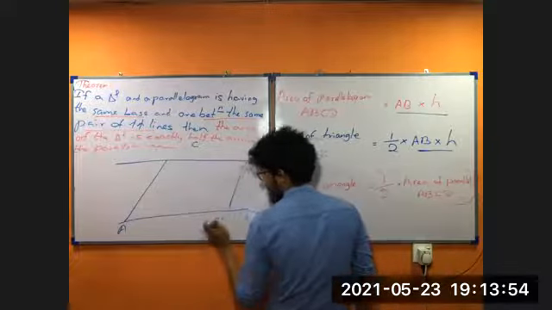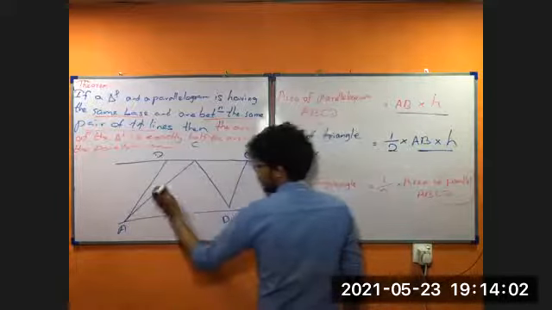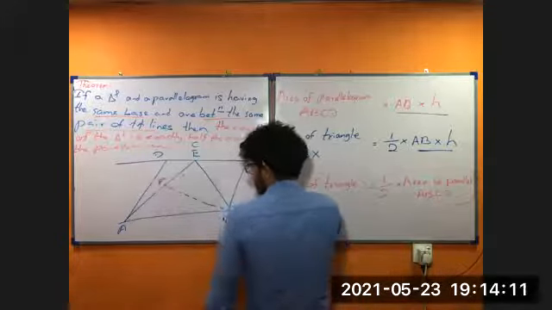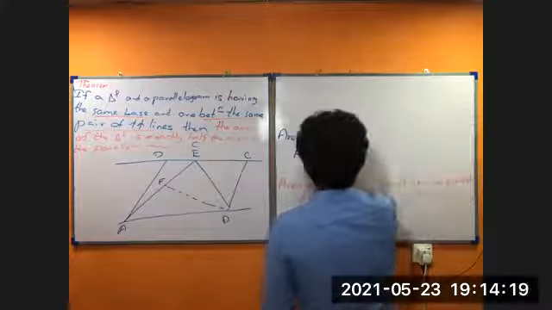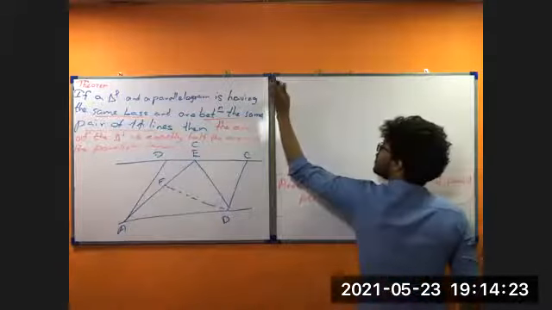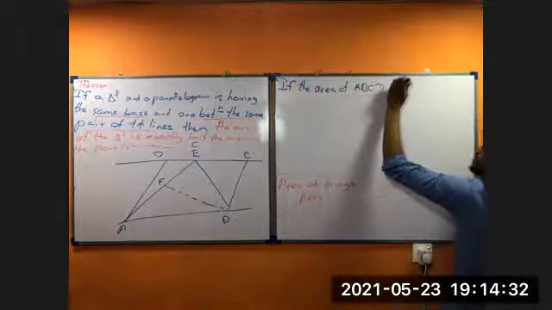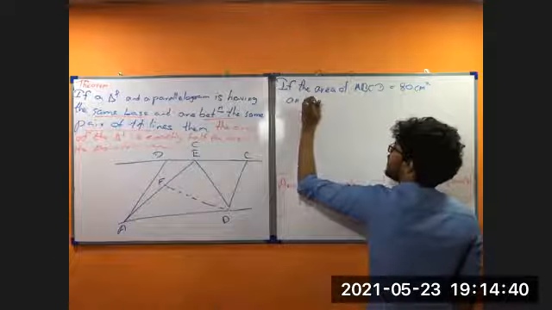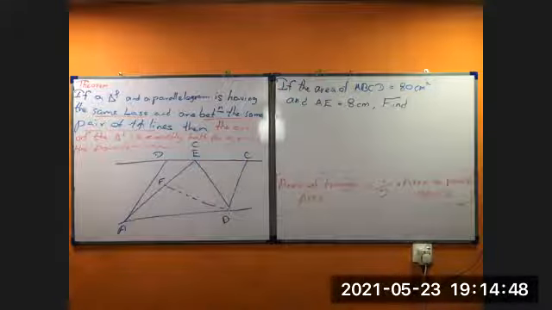The parallelogram is ABCD, and there is a triangle, and let this be E and let this be F. The question: if the area of ABCD is equal to 80 centimeters squared, and AE is equal to 8 centimeters, find BF. Let's do this.